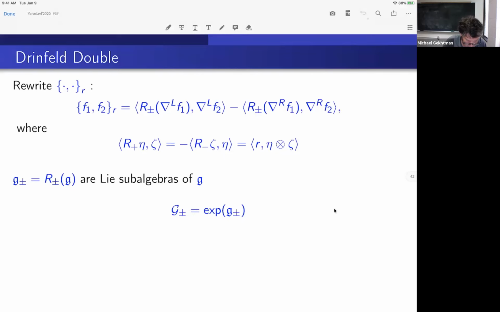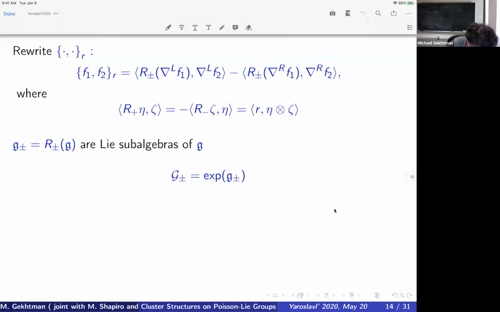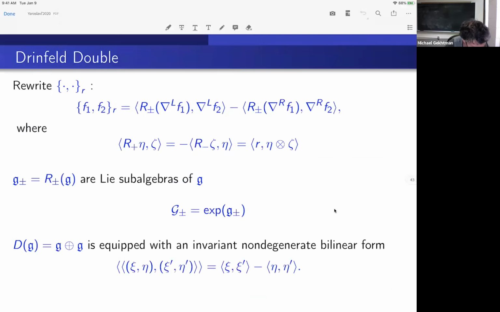In our case, it's in GLN. Then you double this Lie algebra, just consider a direct sum of G with itself, and equip it with an invariant non-degenerate bilinear form, which is built from the form on your original algebra. We had a trace form, for example, in GLN, and then we take the trace of the product of the first components and subtract the trace of the product of the second components.